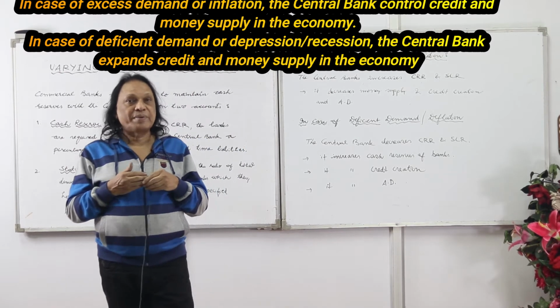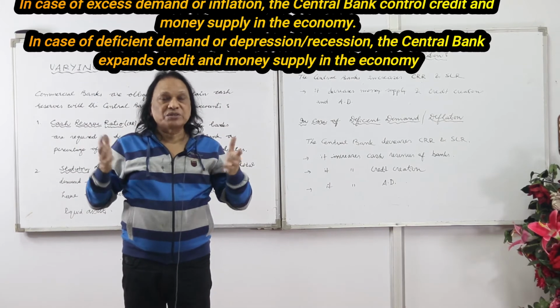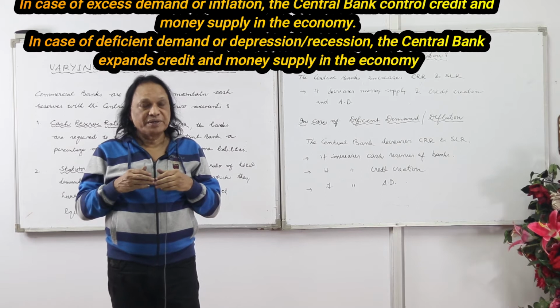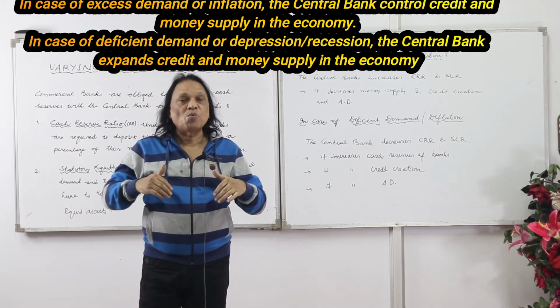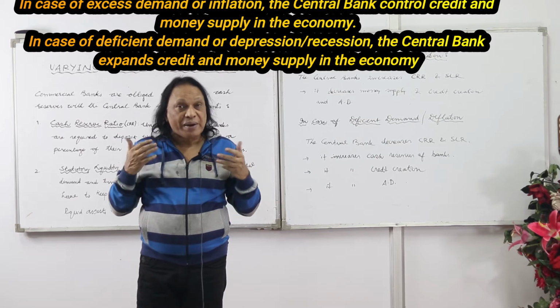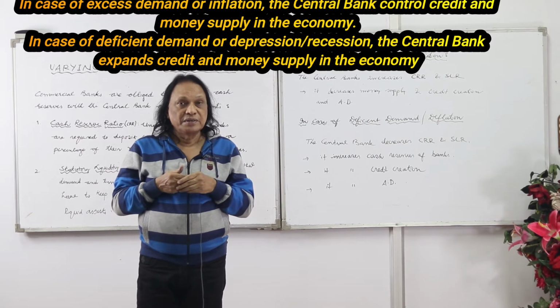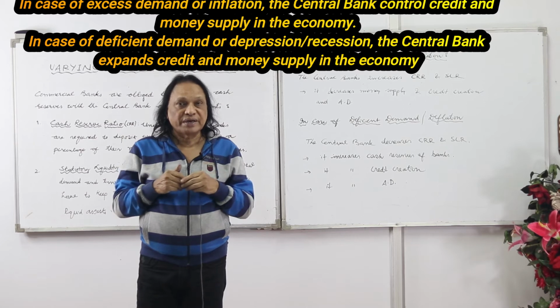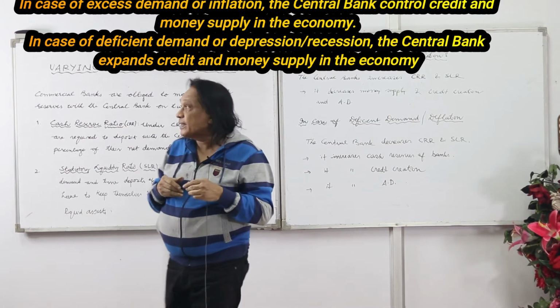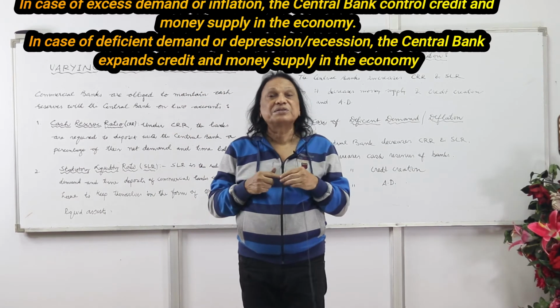Sometimes the central bank wants to have more cash reserves with the commercial banks, more money supply in the economy. Sometimes the central bank wants to have less money supply in the economy. Sometimes the central bank wants to increase credit. Sometimes they want to decrease the credit. How do they do it? Through monetary policy. That is called varying reserve ratios.